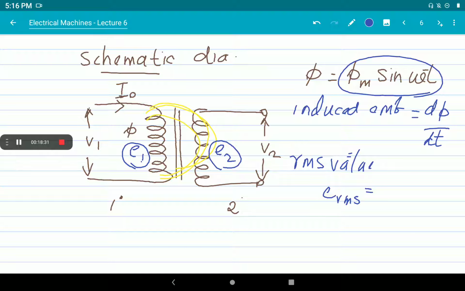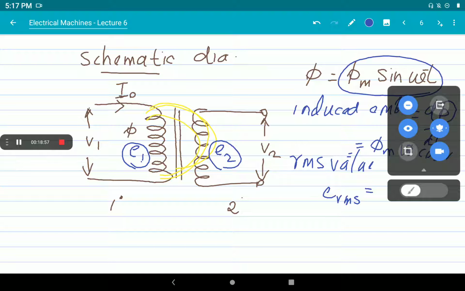So for the RMS value of the induced EMF, E RMS, we take d phi by dt. We know the value of phi is phi m sin omega t. So d by dt of phi m sin omega t, and the differential of phi m sin omega t is phi m into omega cos omega t.